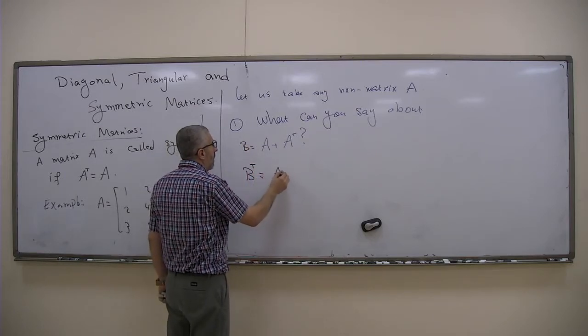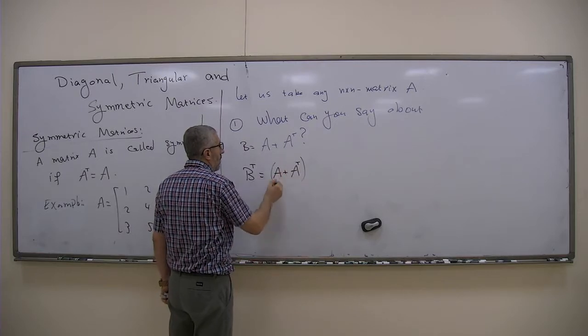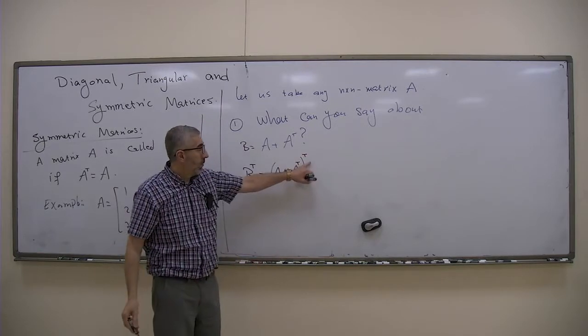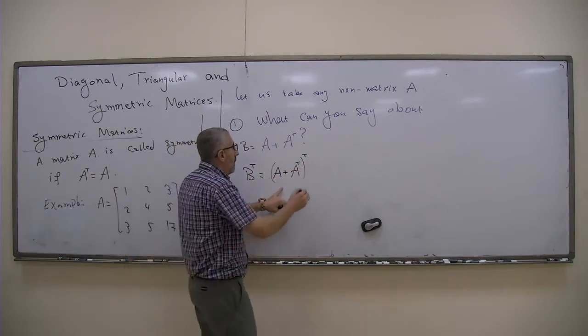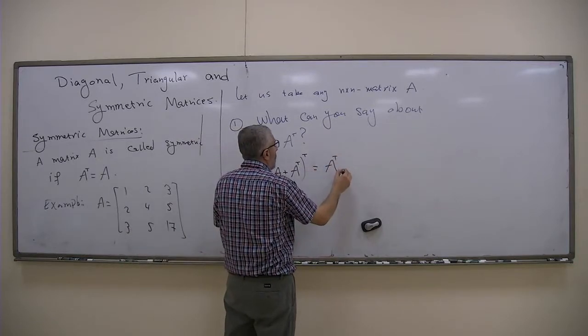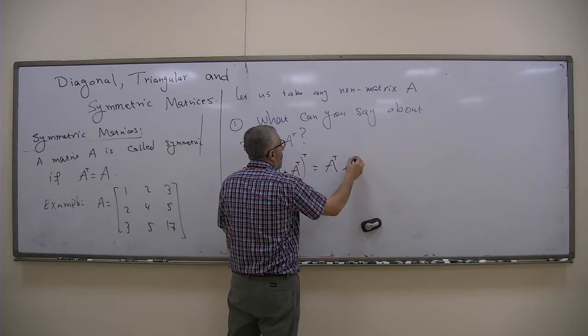That is going to be A plus A transpose, all transpose. Now, from the previous properties, this is going to be A transpose plus A transpose transpose.